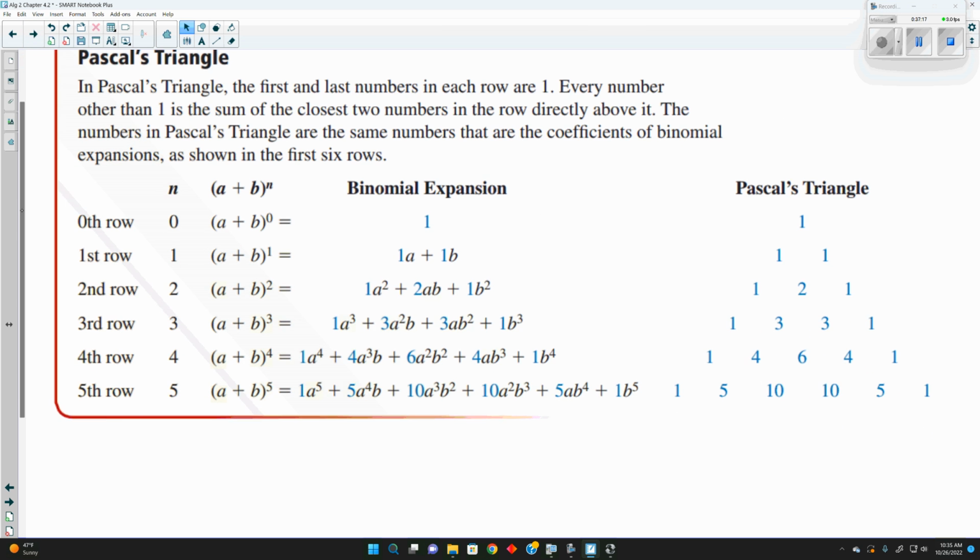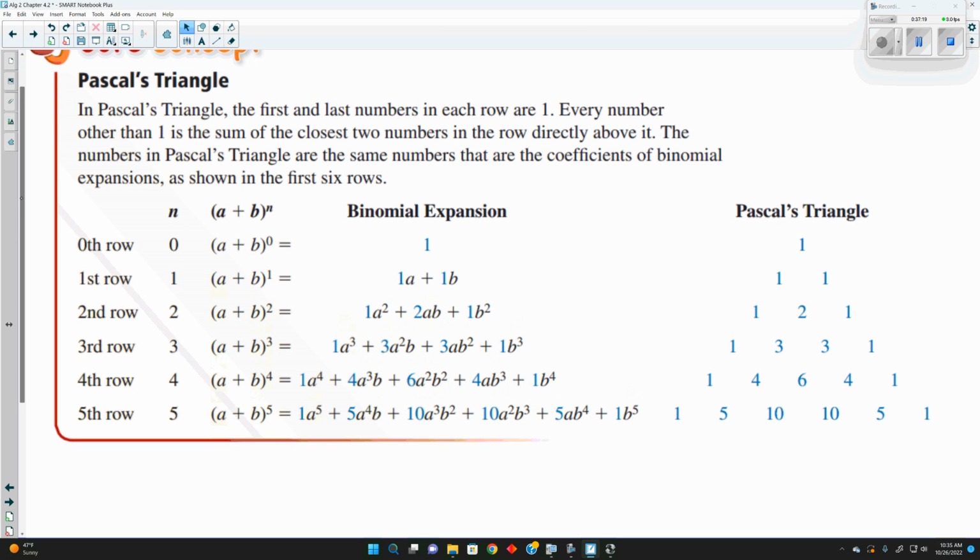Now, Pascal's triangle is this here. And what this really gives us is the coefficients of what the numbers will end up being, especially if it's 1 and 1. Now, the way that we get this is actually really interesting, because we start out with a triangle of 1s. This is always the setup.